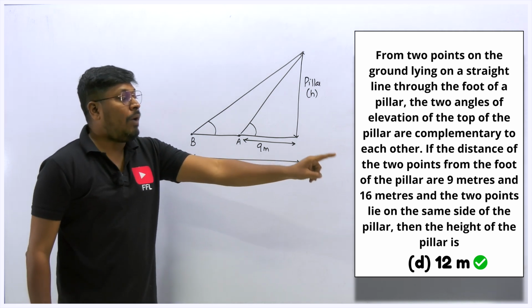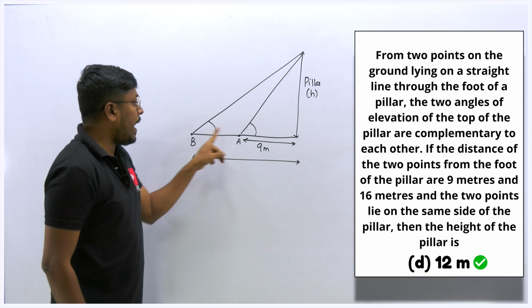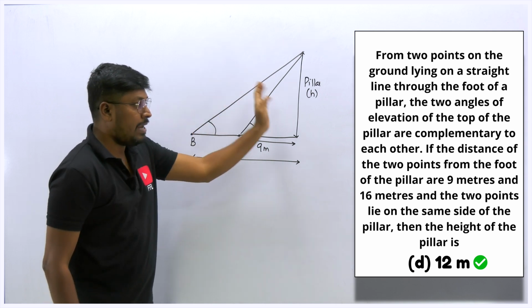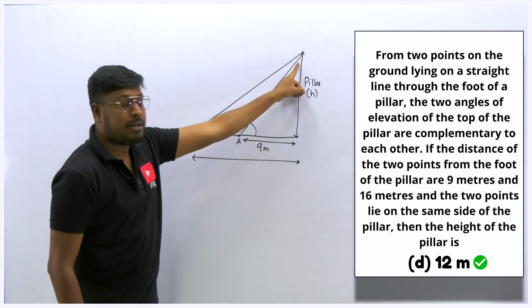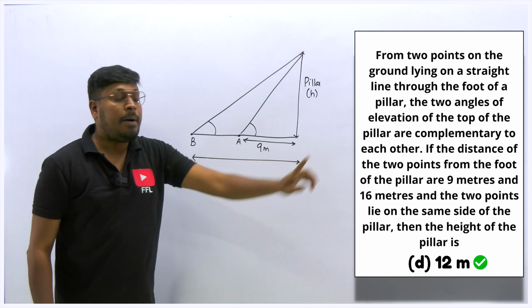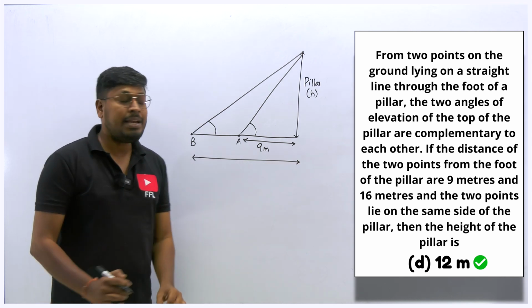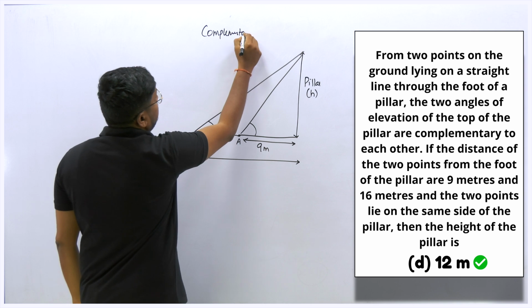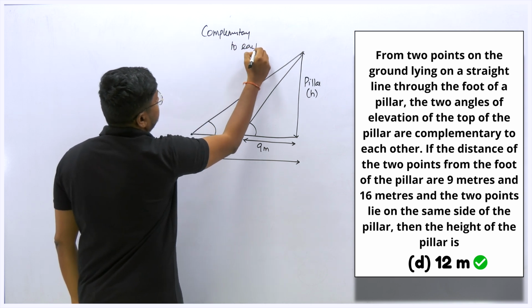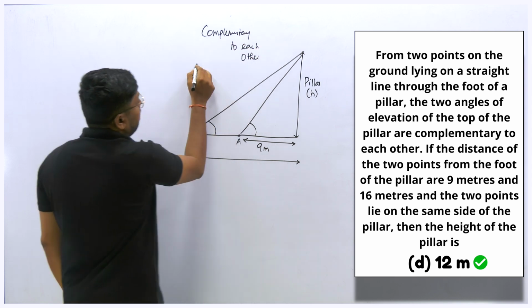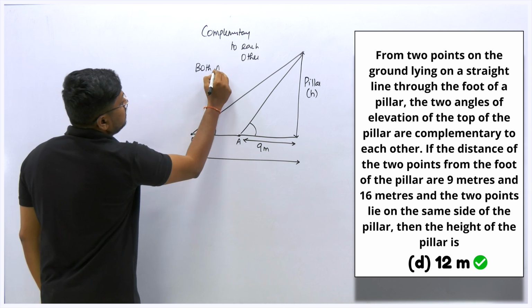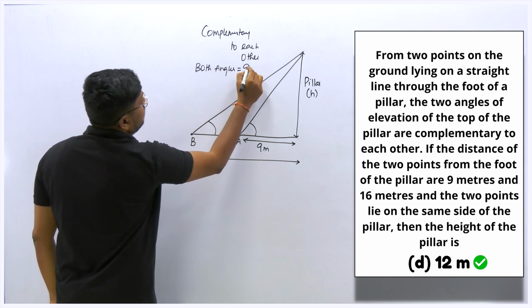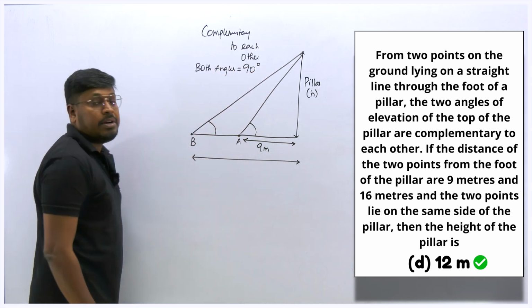Just see, 2 angles of elevation, 2 angles, right? So 2 angles of elevation of the top of the pillar are complementary to each other. The meaning here is if they are complementary to each other, that means both angles will add up to 90 degrees.